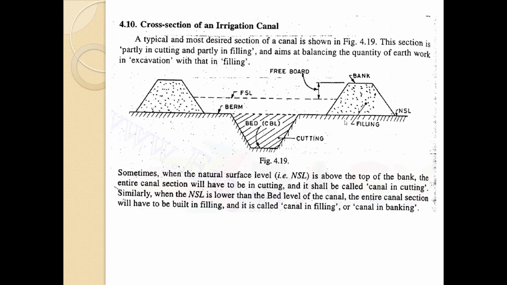Sometimes when the natural surface level, that is NSL, is above the top of the bank, the entire canal section will have to be in cutting, and it is called a canal in cutting. Similarly, when the NSL is lower than the bed level of the canal, the entire canal section will be in filling, and that is called a canal in filling or canal in bank.